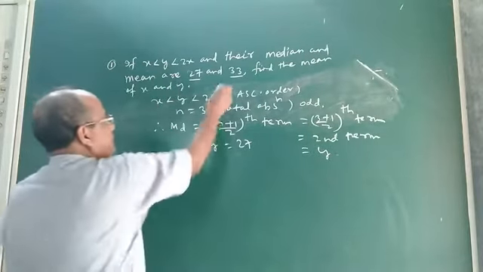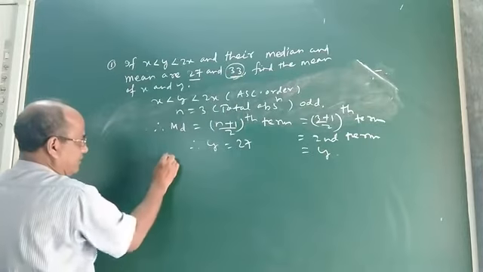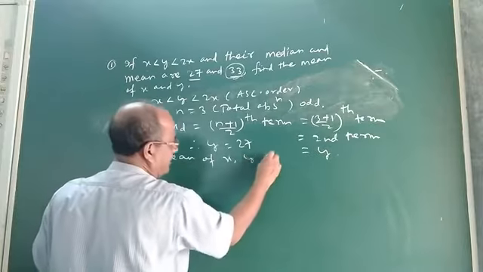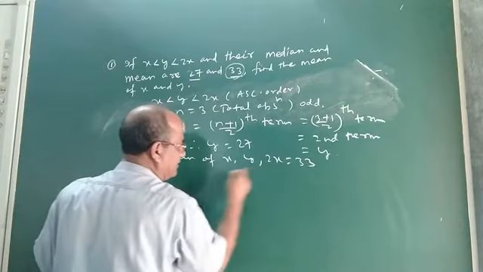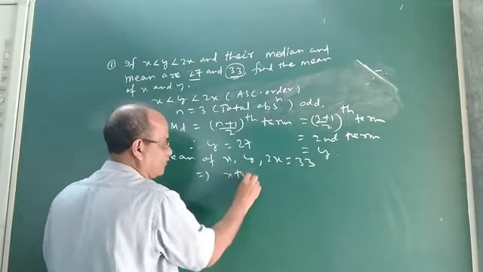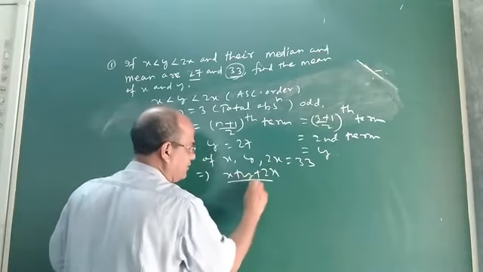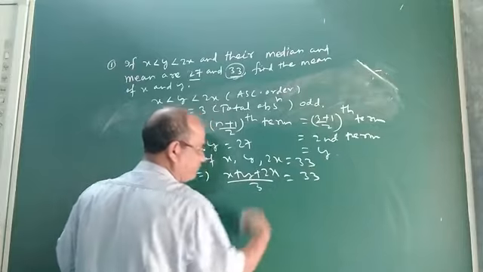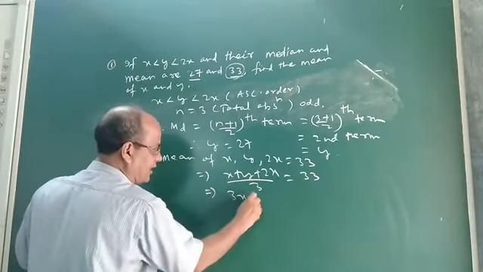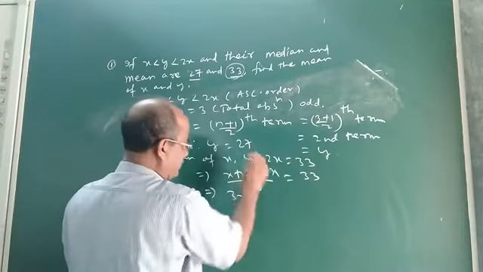You see, the mean of three numbers is given. The mean of x, y and 2x is given as 33. So you know the formula for mean. You add all the three observations: (x plus y plus 2x) divided by 3 equals 33. Now see, x plus 2x is 3x, and the value of y is 27.